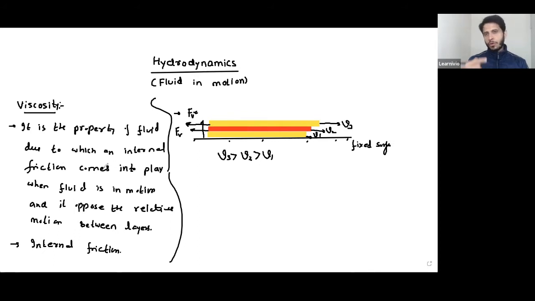Now let's see on what factors this viscous force depends. So Fv is the viscous force between layers.